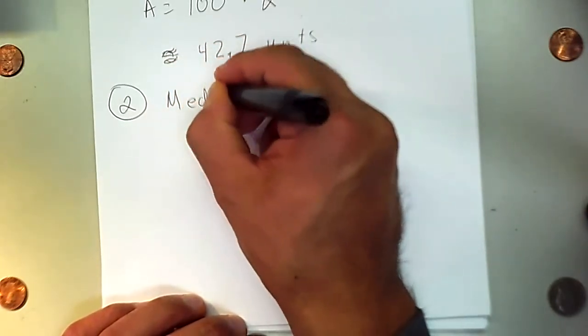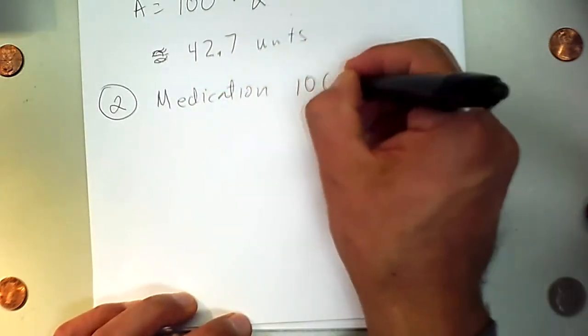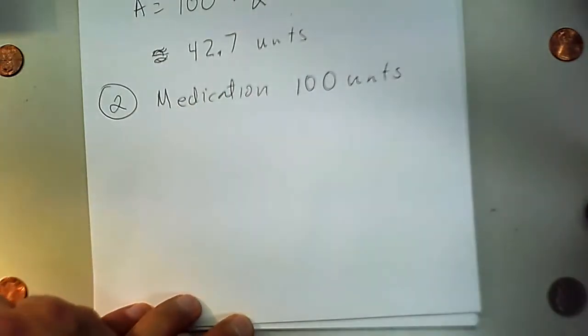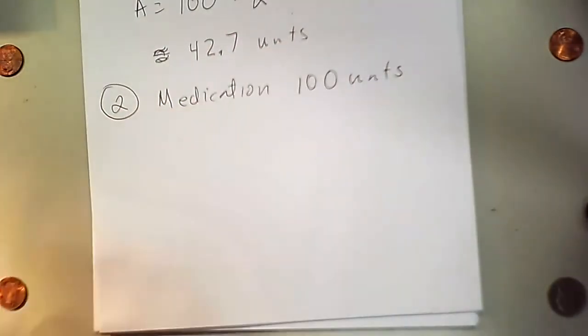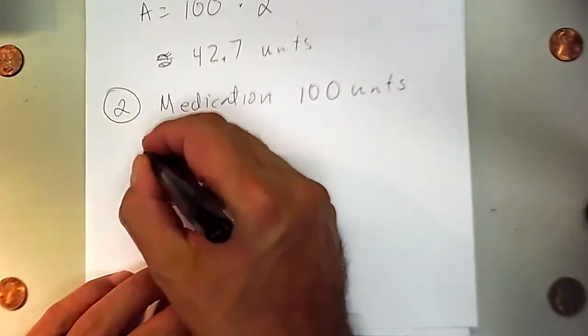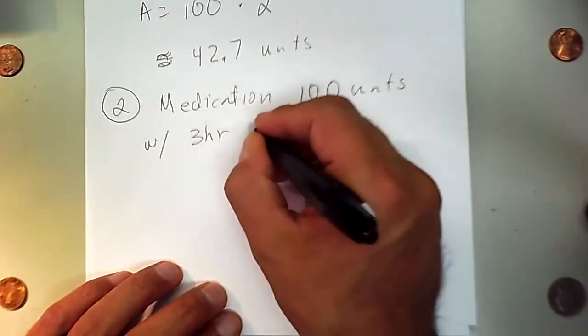And for easy numbers, let's start with 100 units. It could be grams or milligrams, and we know by experimentation that every 3 hours we end up with half of what we start with. So a 3 hour half-life.